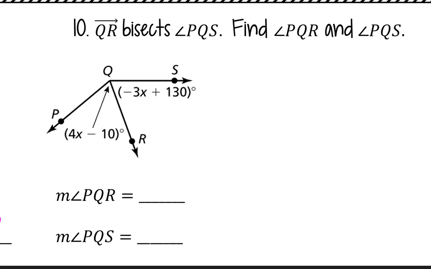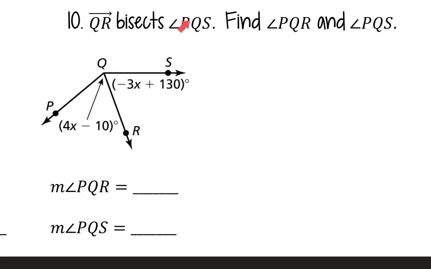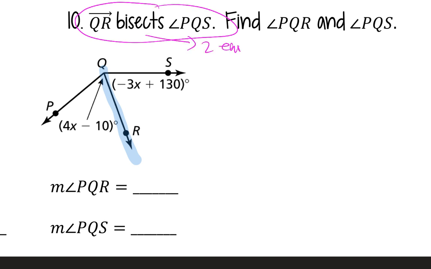Okay, so if QR bisects PQS, so QR, right? This bisects it. That means that we have two equal parts, right? So this is going to be part number 1, and that'll be part number 2. So if we want to find PQR, PQR is represented by that, right?